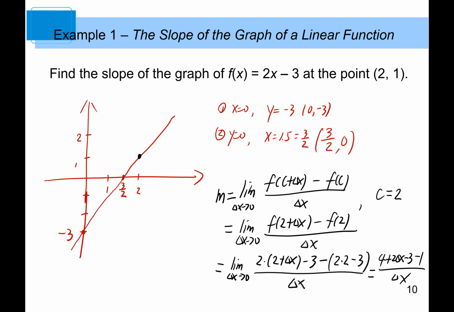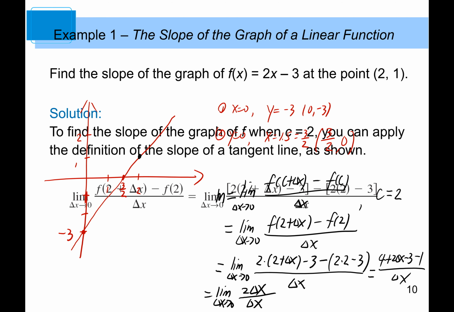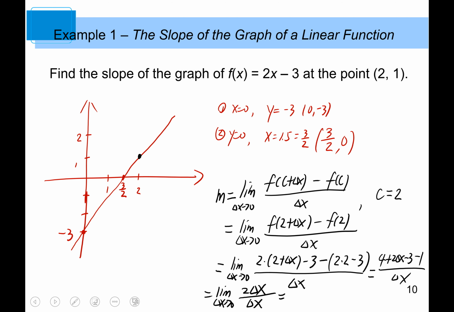So eventually we end up with a cancel: 4 minus 3 minus 1 becomes 0. So we have the limit as delta x approaches 0 of 2 delta x over delta x. And that becomes 2. Cancel delta x, it becomes 2.